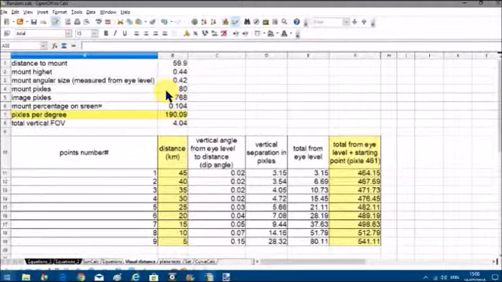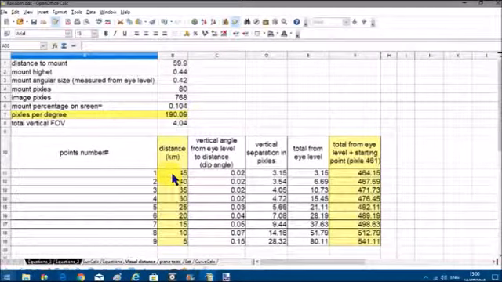It was 80 pixels. The whole image is 768 pixels. But the important part is that 80 pixels represent 0.42 degrees. So we can get how many pixels are in 1 degree.